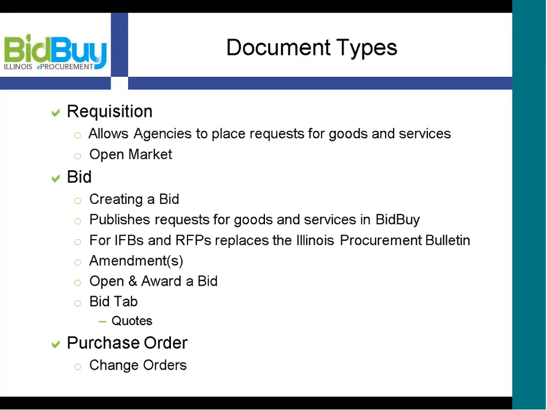If you have a change to that bid, that's called an amendment and is done through the system. You'll be able to open and award a bid, and the bid tab is where all the quotes are viewed and a vendor can be recommended. Then a purchase order gets created, along with any change orders associated with that purchase order.